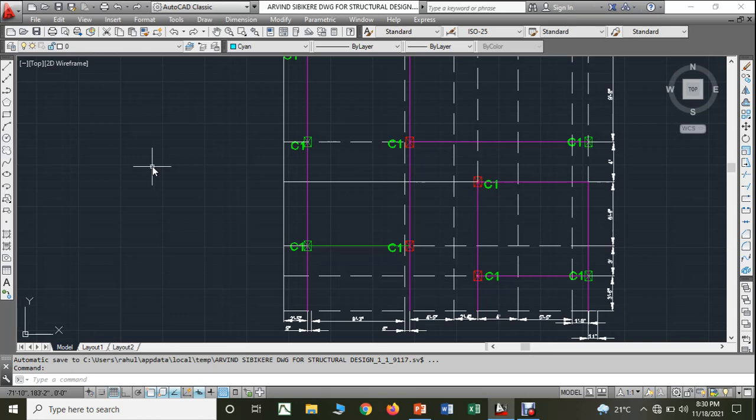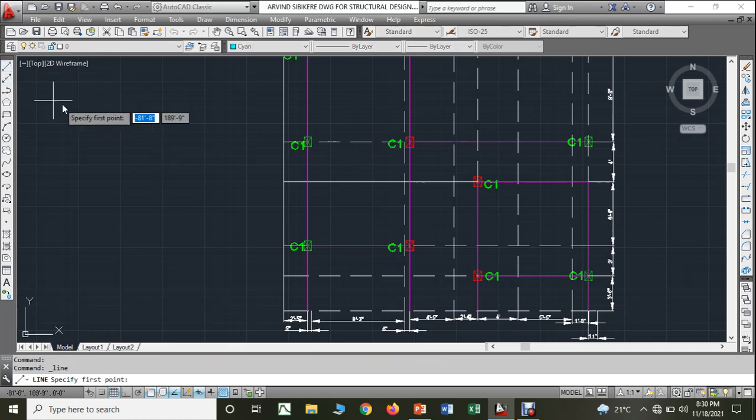You may have the question, why is it so? Usually, whenever we do a rectangular column, one side of the column, we call the shorter dimension, and the other side we call the longer dimension.